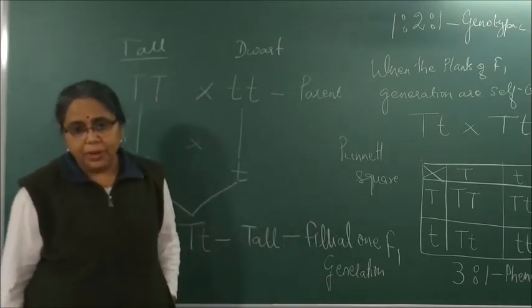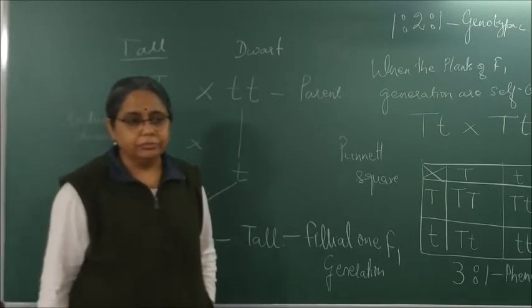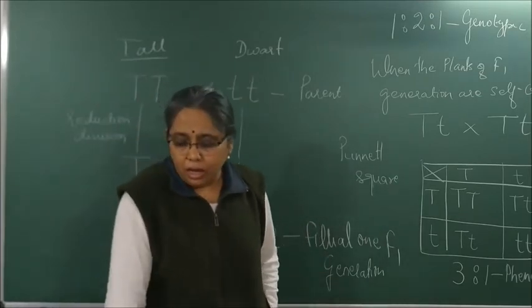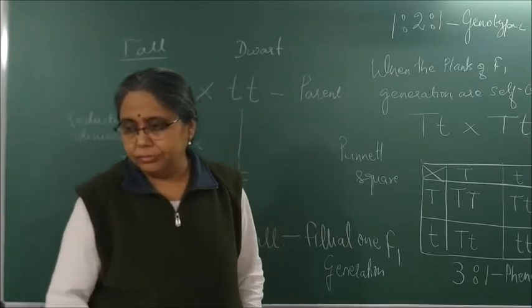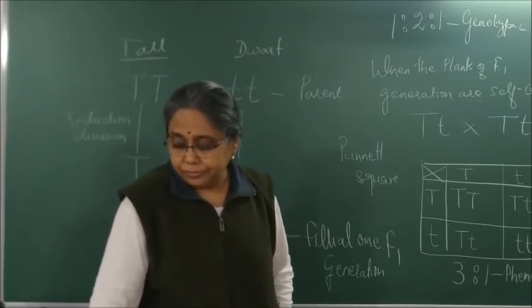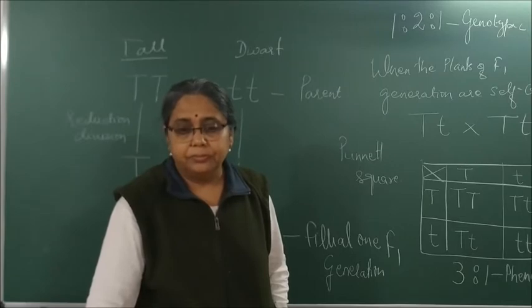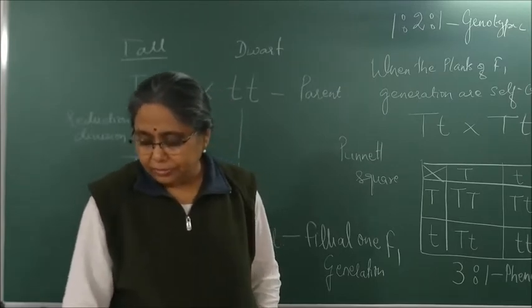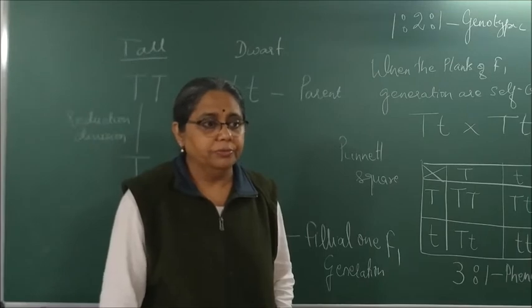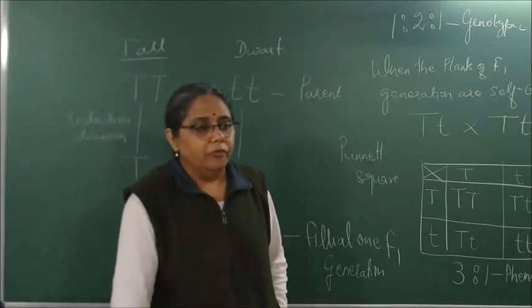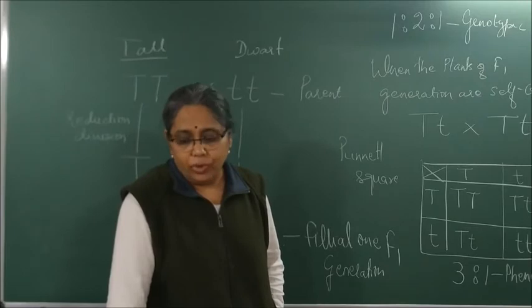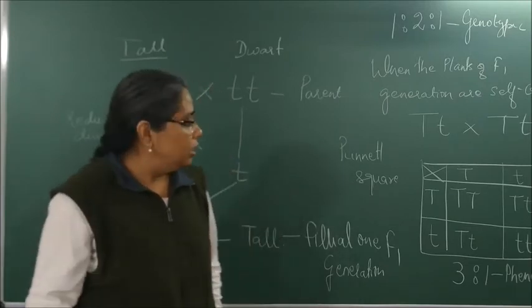Now write, when the plants of F1 generation are allowed to self-cross, we get the following monohybrid ratio using a Punnett square.